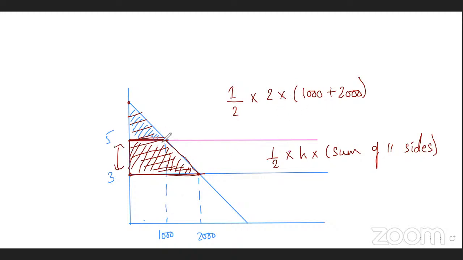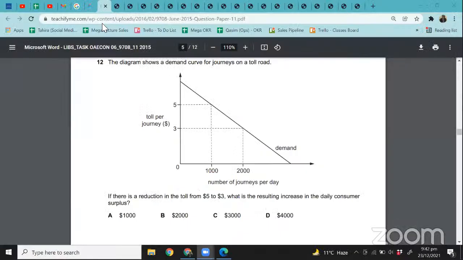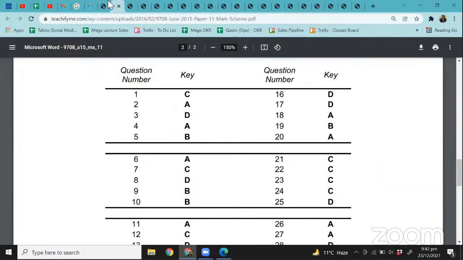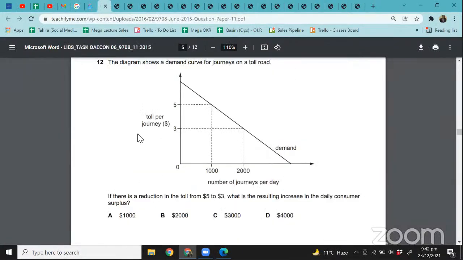One parallel side is 1000 and the other is 2000. So the 2 and the half get cancelled out, and that gives you an answer of 3000. So it should be C. Got it? Let's check if this is C. 12 is C. No worries. Is everyone clear? Zain? Khatija?